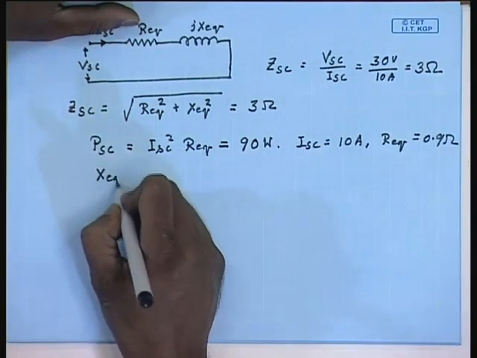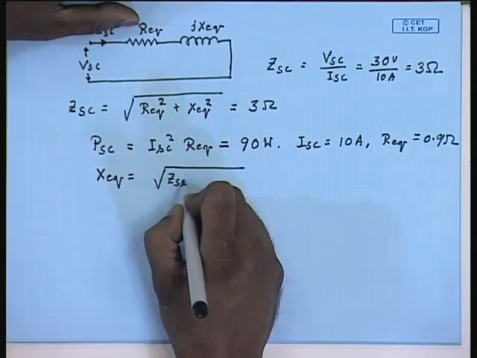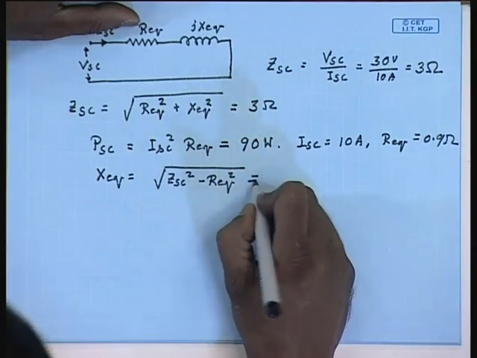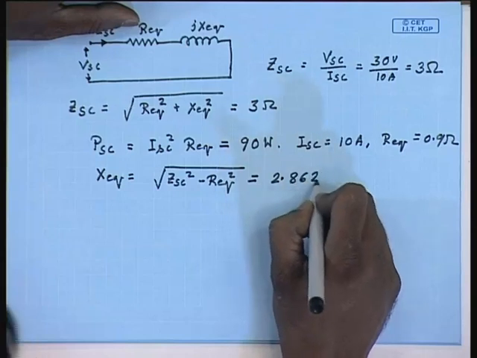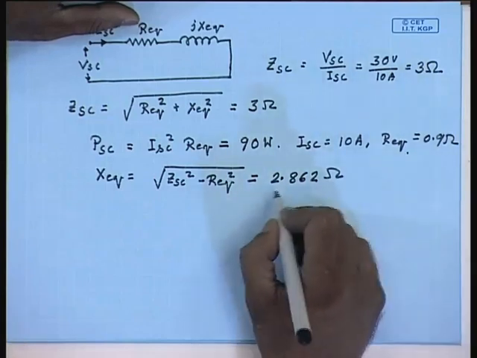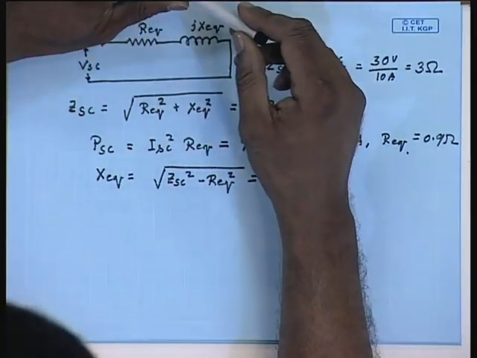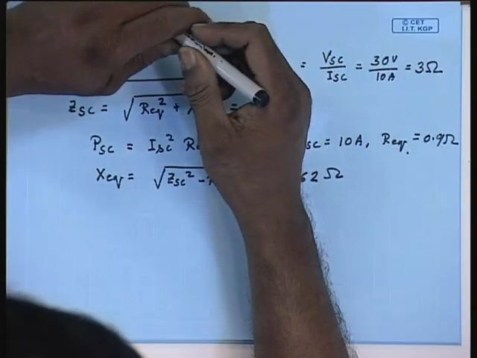Xeq then will be square root of ZSC square minus Req square. This comes to 2.862 ohm. Now, both the values of Req and Xeq are found referred to the HV side, since short circuit test is done on the HV side.